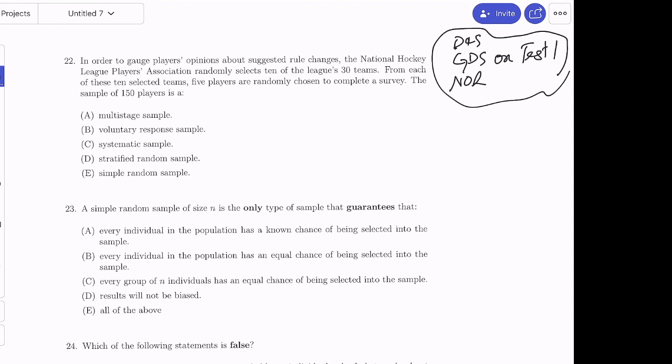So for 22, in order to gauge players' opinions about suggested rule changes, the National Hockey League Players Association randomly selects 10 of the league's 30 teams. From each of these 10 selected teams, 5 players are randomly chosen to complete a survey. The sample of 150 players is what?